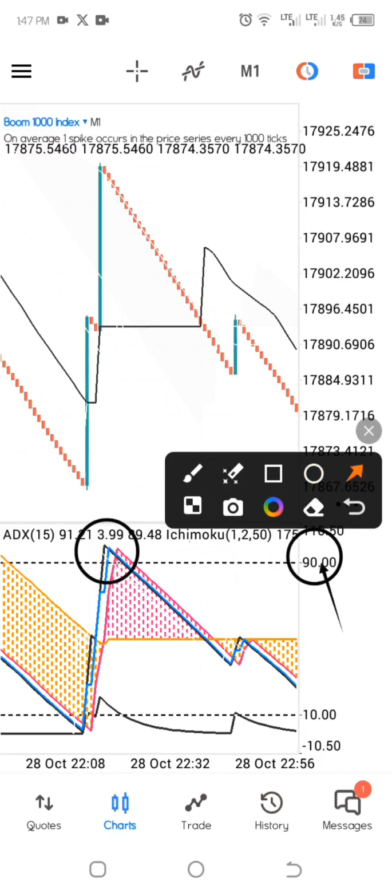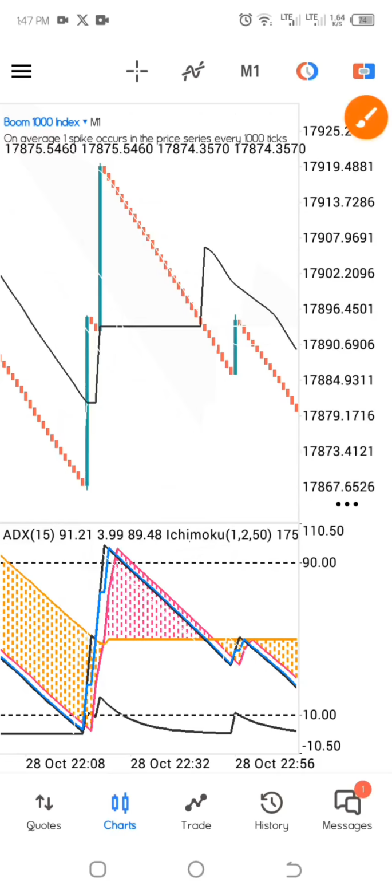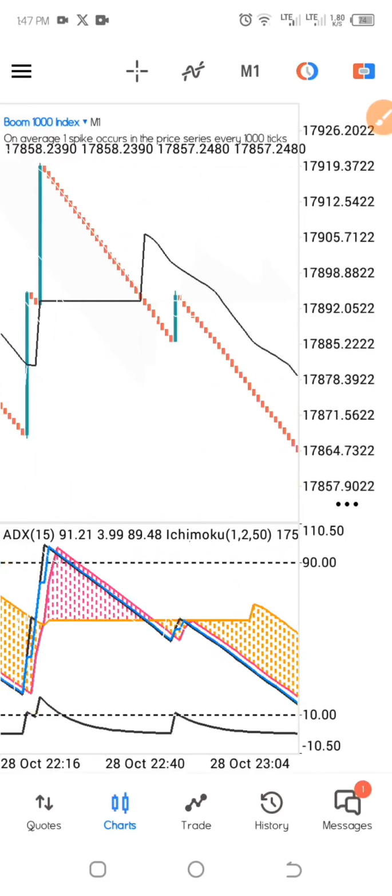When we see the Ichimoku touch the 90 level of the ADX, we also want to see that it has changed from this volume right here to this volume right here. That is a sign that the price is looking to shoot downwards, which means the price will be selling.